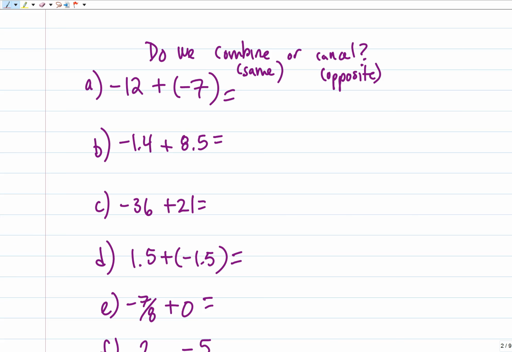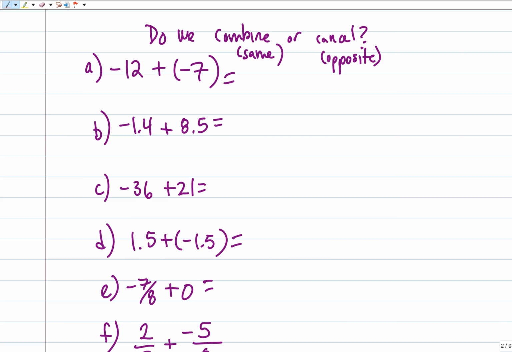So for these crazy number of examples, are we going to combine or cancel? Why? Same sign combines. What about B? Opposite signs?